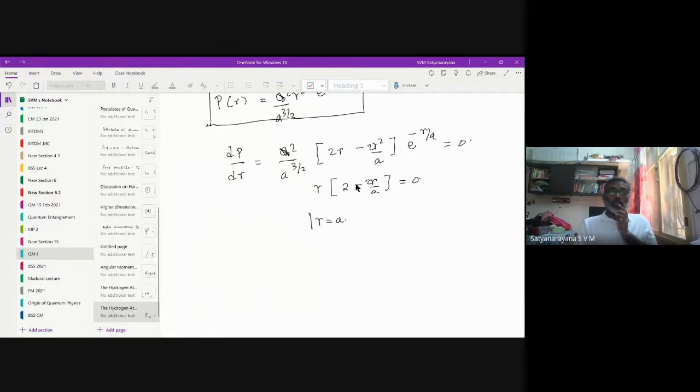So this is either a maximum or minimum, an extremum.